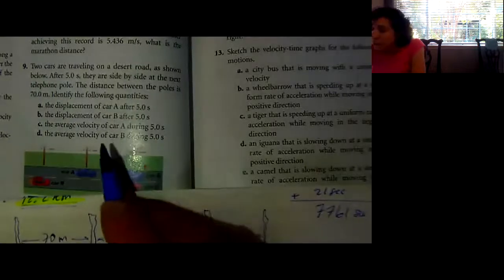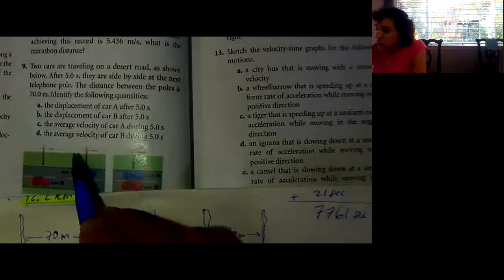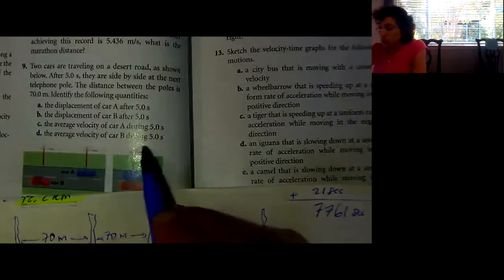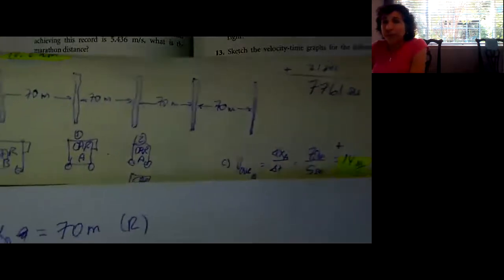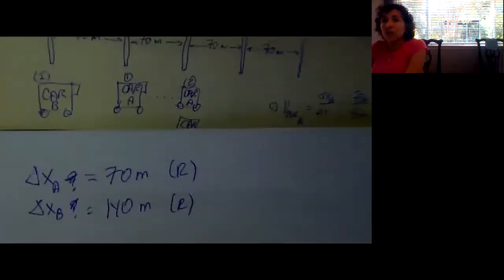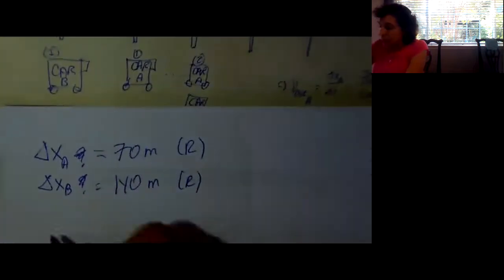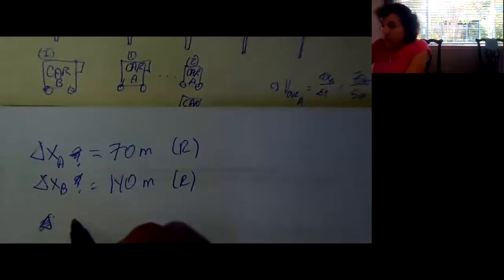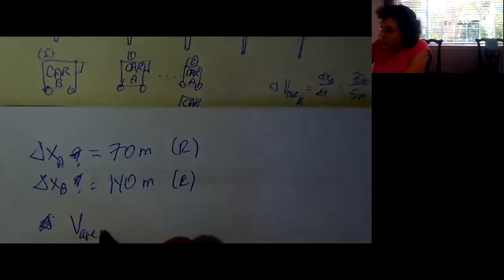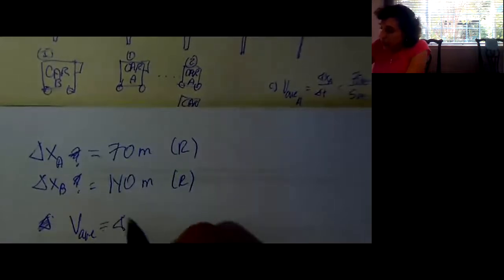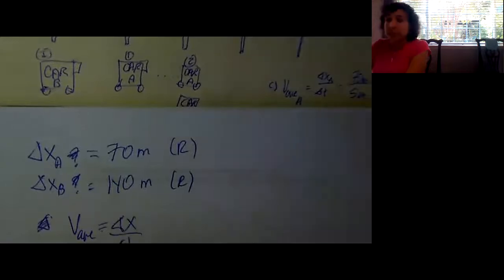But the next question was, what's the average velocity of car A during those 5 seconds? And the other one was, what's the average velocity of car B during those 5 seconds? So I'll move this up so you can see my little pictures again. Okay, so what exactly is average velocity? Let's do this. V average for anything is delta x over delta t.